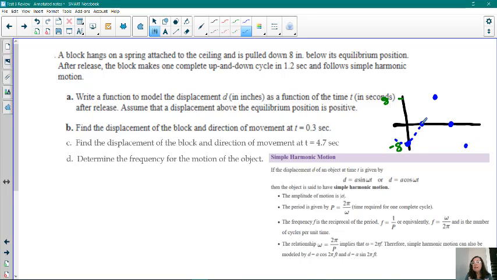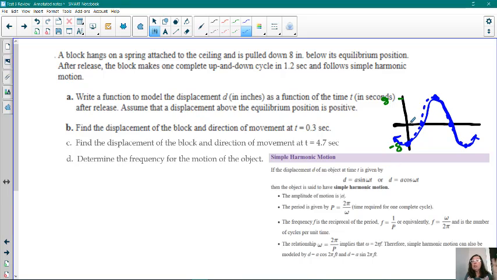So following this type of model, this helps us to determine, are we looking at a sine situation or a cosine situation? Well, if at time 0, at the beginning of the situation, you're at equilibrium, that's going to be a sine function.